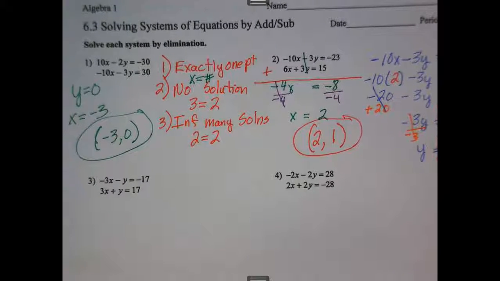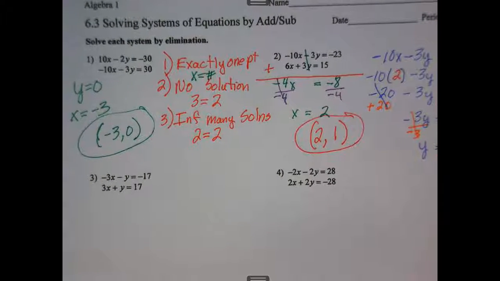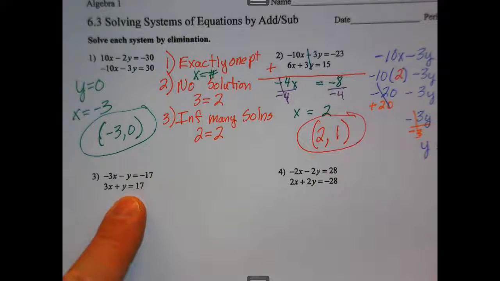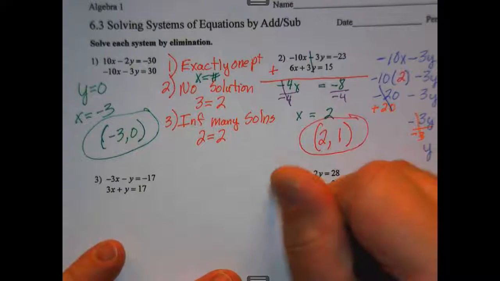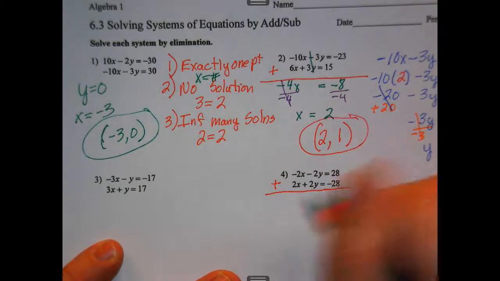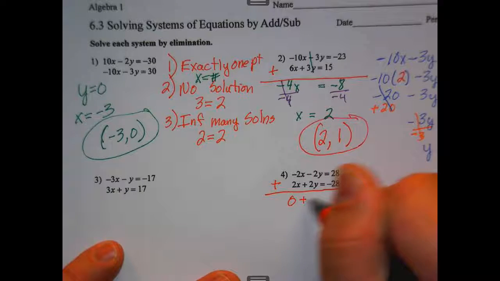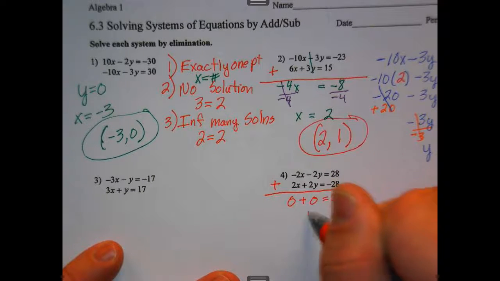3 and 4 are going to be, this should be infinitely many solutions. Same, I'm not sure about 4. Let's do it. Add them together. I get 0 plus 0 equals 0. So this is infinitely many.